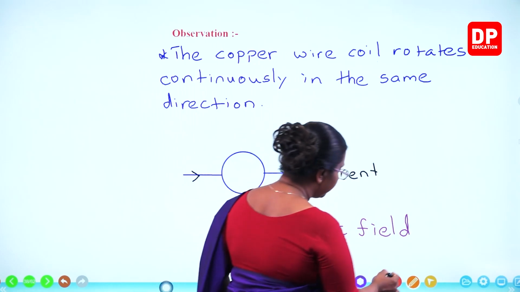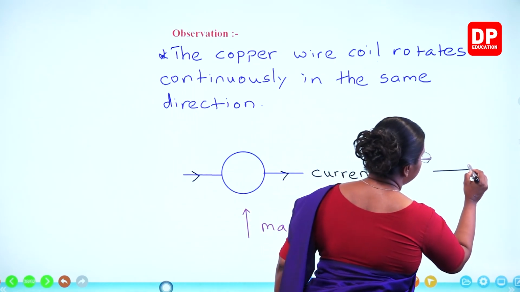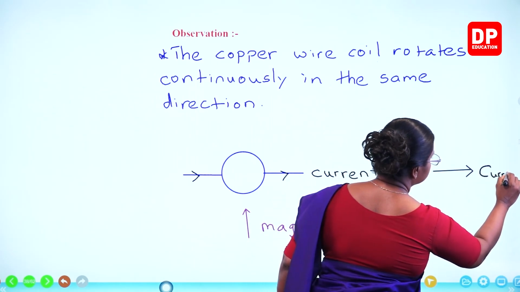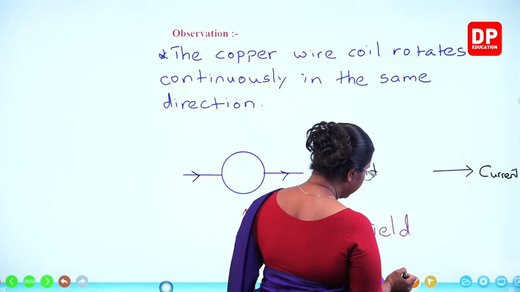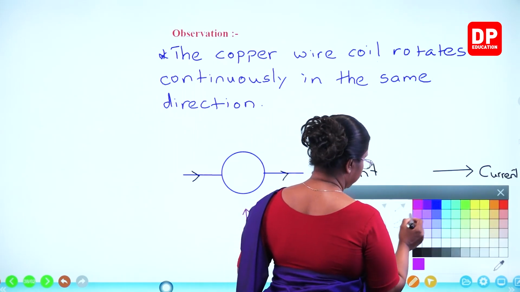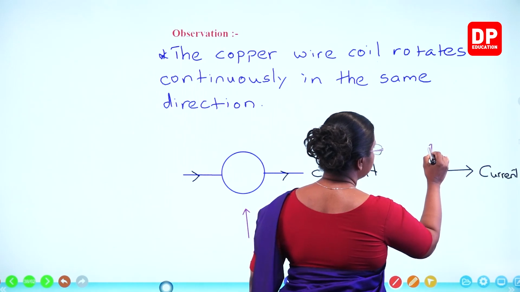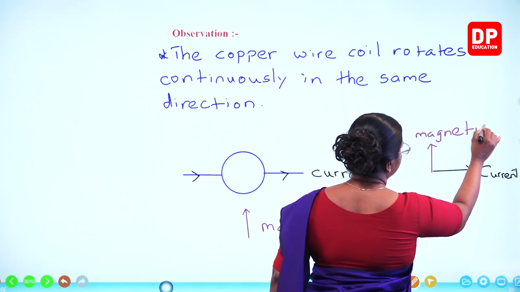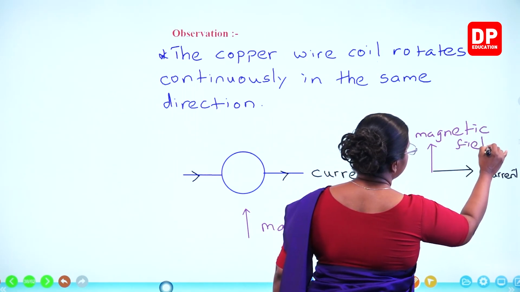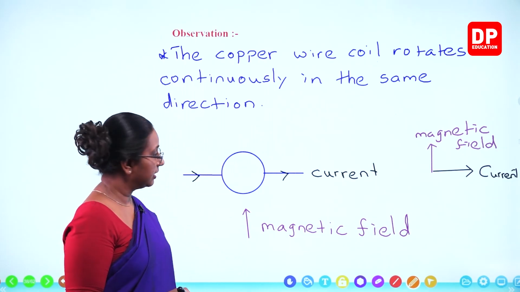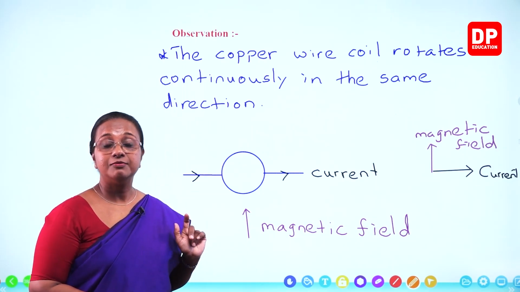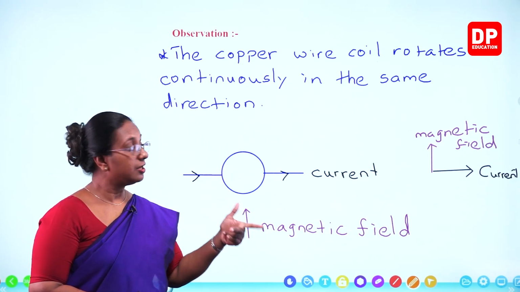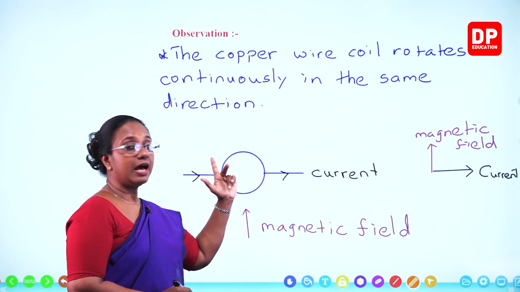So here you can see, students, current flows this way, then the magnetic field is in this direction, so they are both perpendicular to each other. So how do we apply Fleming's left-hand rule? You need to have all your fingers perpendicular to each other. What is the direction of the magnetic field? Upwards.